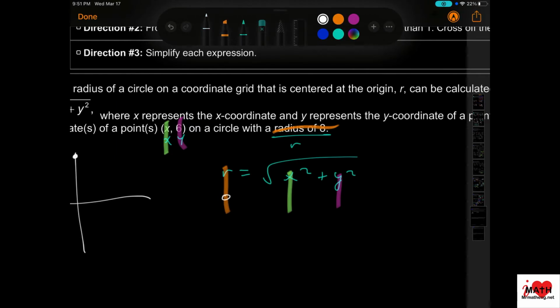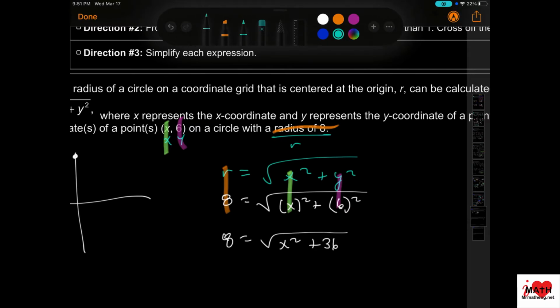So r is 8, x value we don't know, y value is 6, and 8 equals the square root of x squared plus 36, and we'll square both sides to get rid of it. Remember, we've been learning that this 2 and this invisible 2 with the radical sign are gone, so you're just left with what's inside the radicand, which is 64.